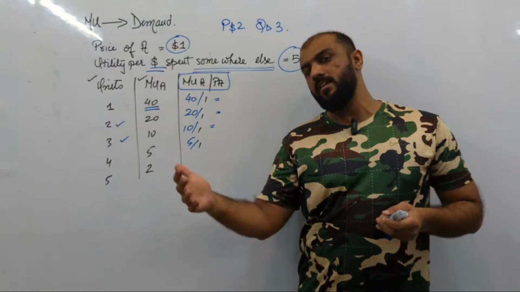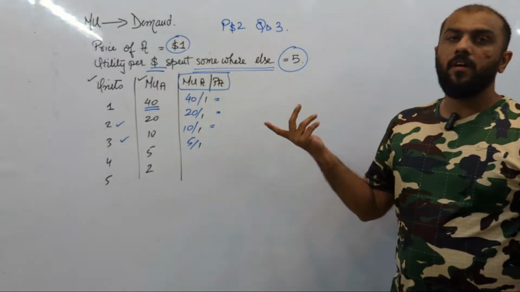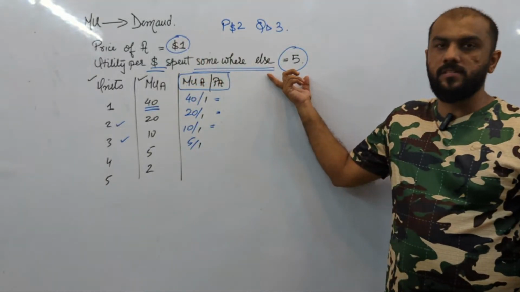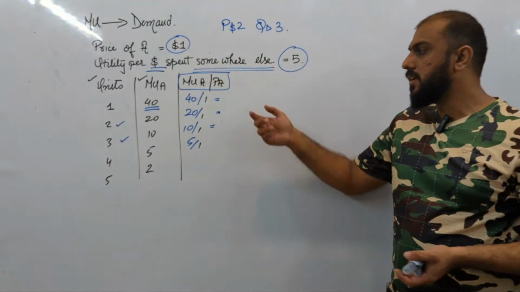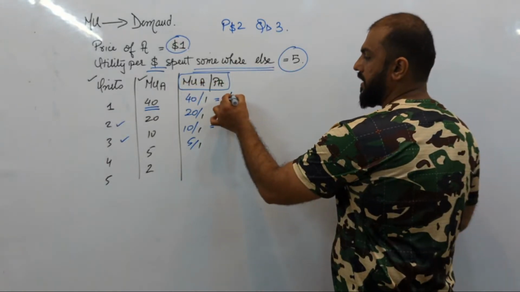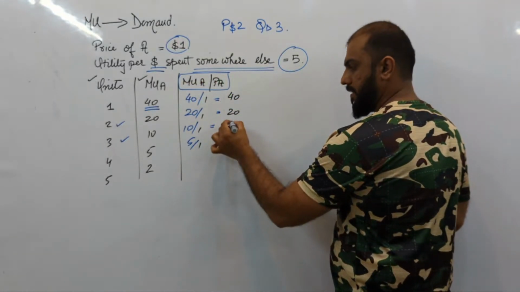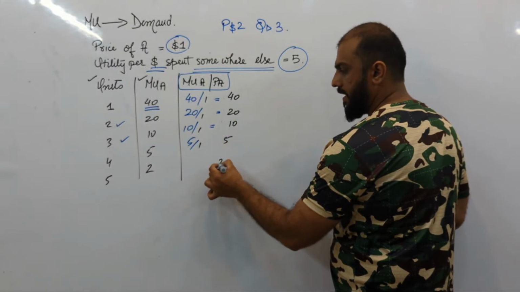It's giving you a greater satisfaction than the satisfaction that you were getting somewhere else. All right. So 40, 20, 10, 5, and 2.